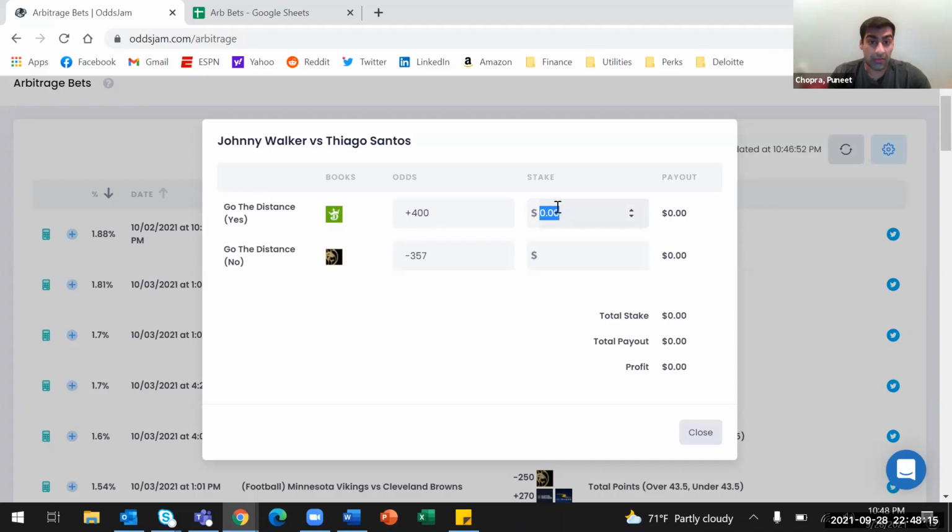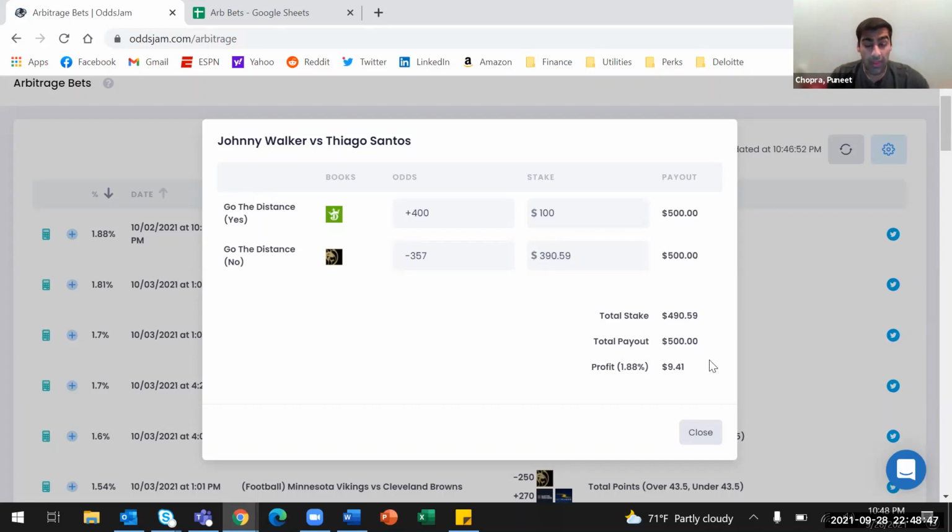Now, because it's plus 400 on DraftKings, you can then arbitrage it so that you are putting, say, a $100 stake into DraftKings that it goes the distance. If that wins, you'll get paid out $500. Next, to arbitrage this, you go on to BetMGM, bet this at minus 357 odds, and put $390 on that, and that'll return you $500 as well.